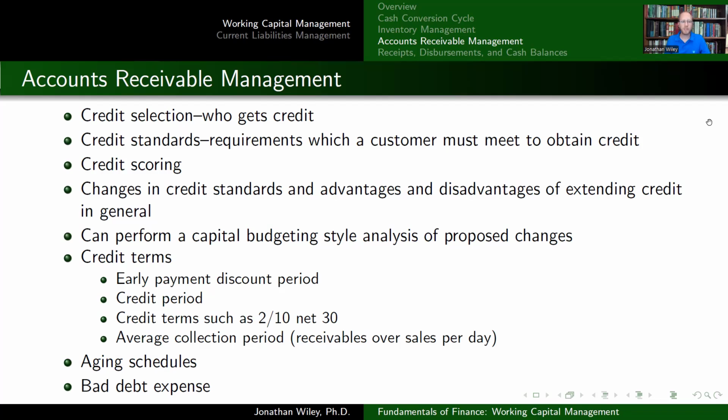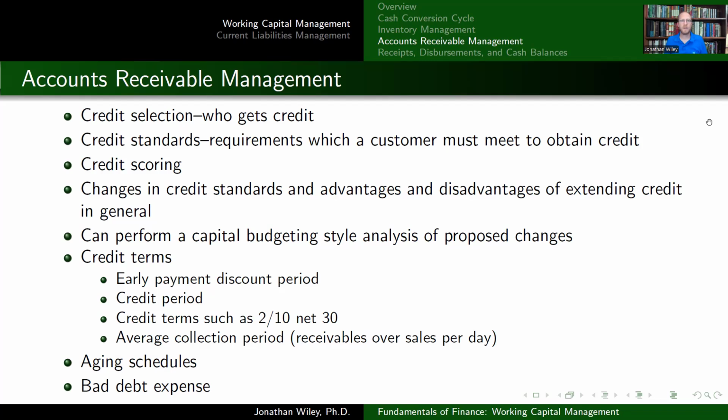There's also a bigger picture disadvantage here, and that is if I extend credit, sooner or later somebody is not going to pay. It's a fact of business that if I start extending credit, I'm going to wind up dealing with somebody who doesn't pay. In fact, that's why generally accepted accounting principles require that if you are extending credit, you have an estimate of that.